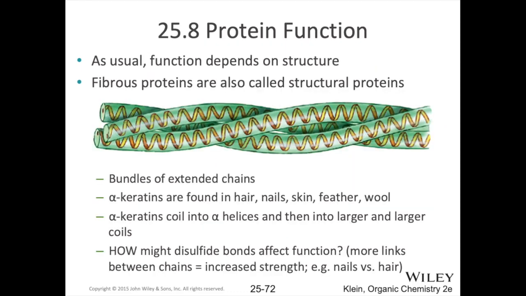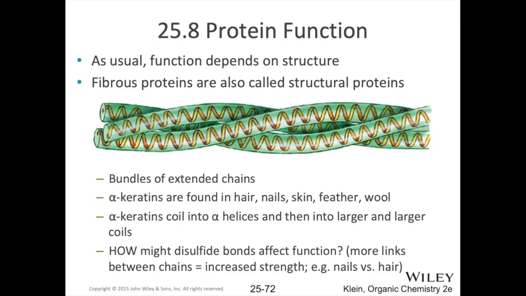Now, based on how these proteins form, their shapes, proteins can have different structures, or different functions based on their structure. For example, proteins that are a little bit more fibrous because of the way they're arranged are known as structural proteins.